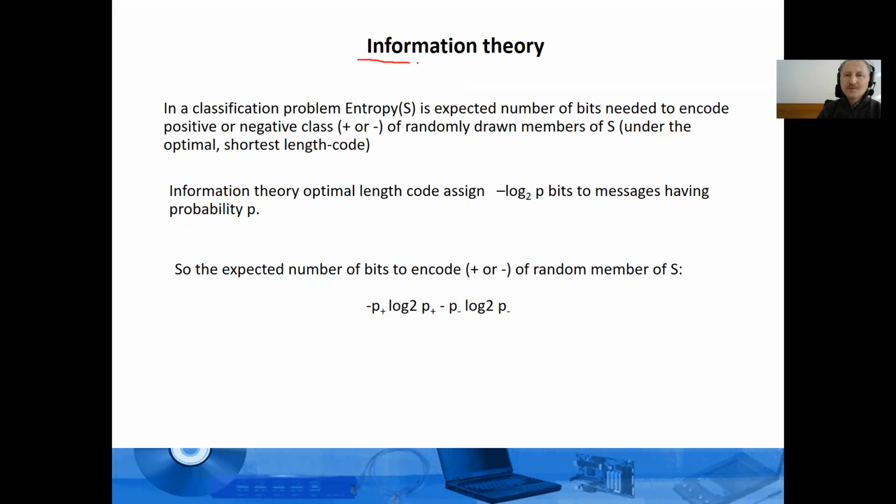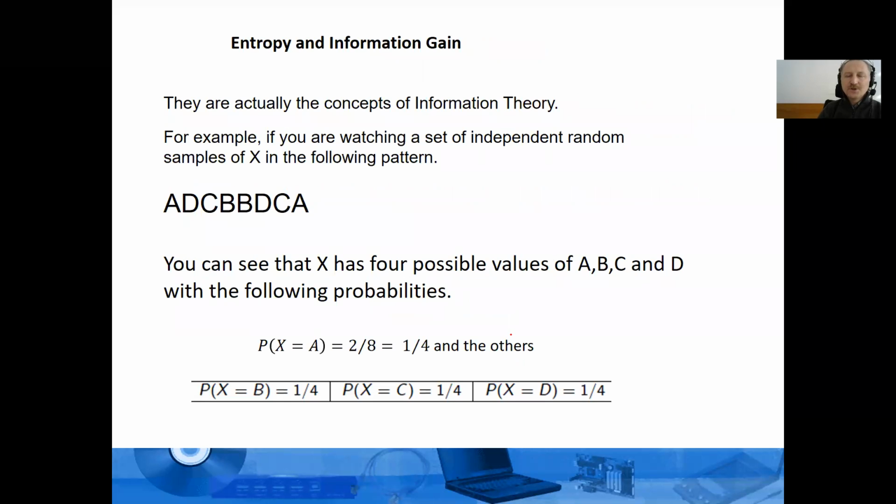Let's mention information theory shortly. Our lesson is not information theory, but let's try to understand what it is. For example, if you have one piece of data, A, D, C, B, B, D, C, A, and you want to transfer it from this place to this place, from PC1 to PC2.